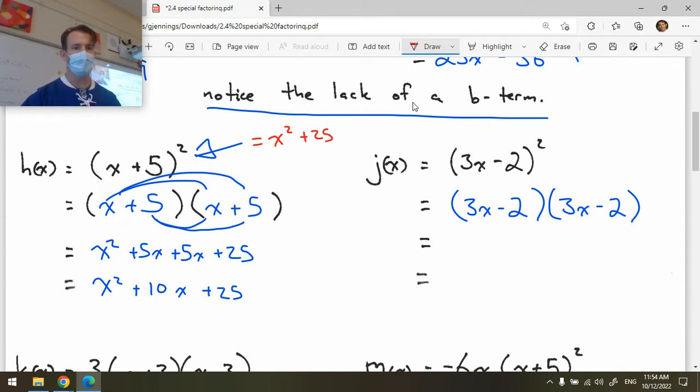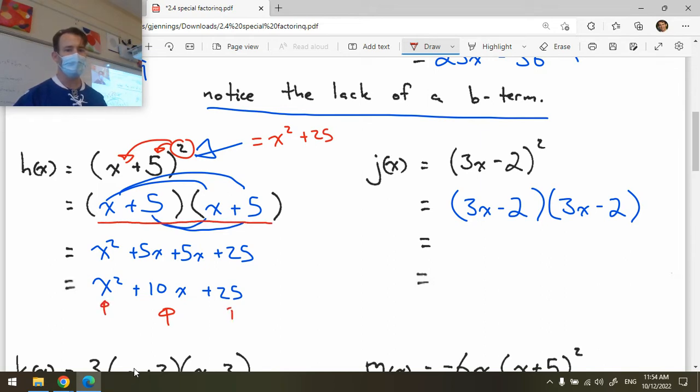People just say, well, I'm going to square things, so I'm going to square that, and I'm going to square that. The thinking is nice, but it's not so simple. It's incorrect because they're missing this term. They're missing that part that emerges when I actually expand it out. So the x squared and the 25 are part of the solution, but they also need this middle term, the b term. And that's missing. That is actually incorrect.